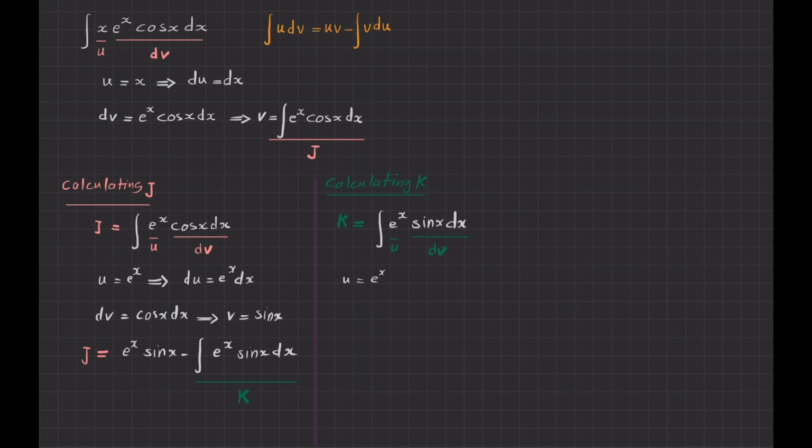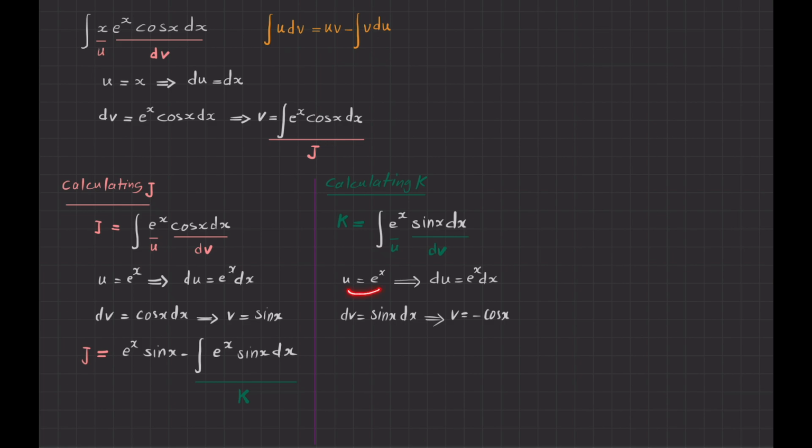So u is e to the x. This means that du is e to the x dx, and my dv here is sine x dx. So v is a primitive function for sine x, which of course is minus cosine x.